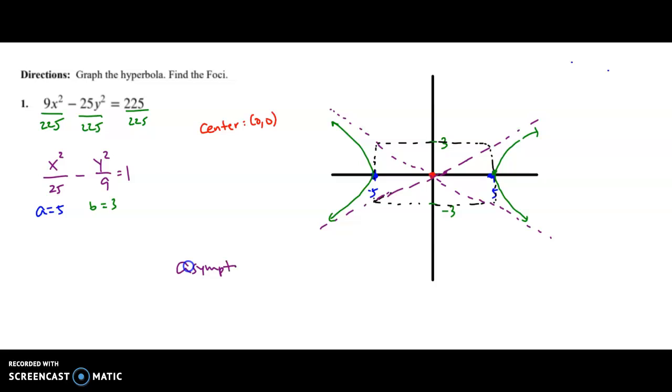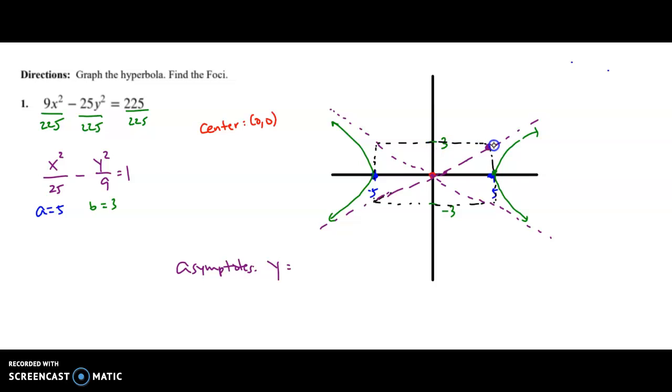And I'm going to write that here. Okay, so we know it's going to be y equals, because it's the equation of a line, all right? And so from the center you pick one of the corners of this rectangle, right? I always just like to go up and to the right, okay? Well, what's the slope from the center to that corner? Well, that's going to be up 3 along the conjugate axis, right?